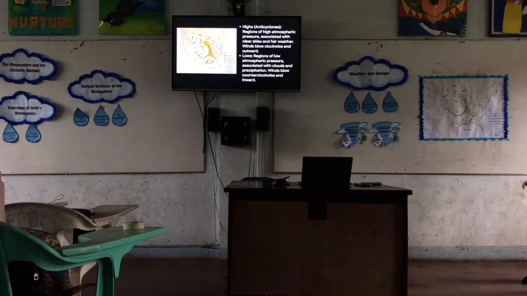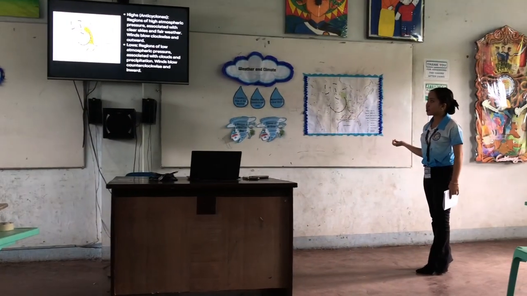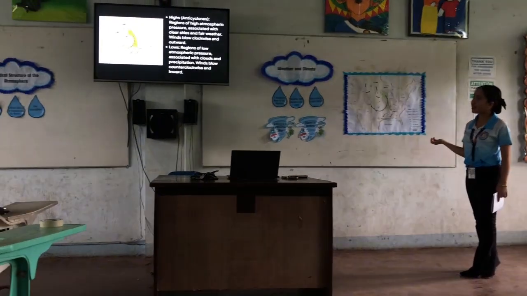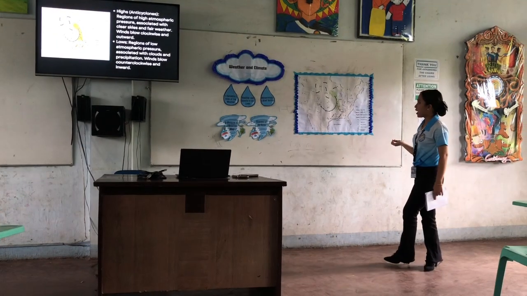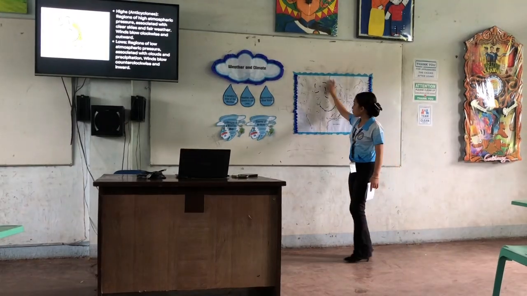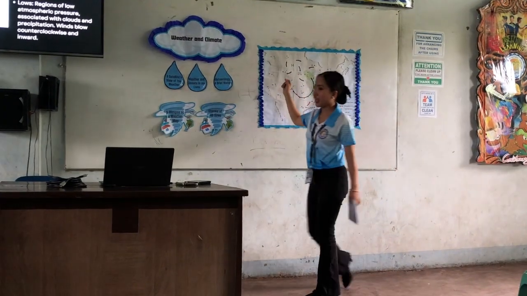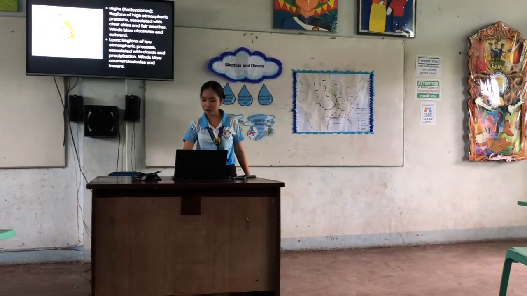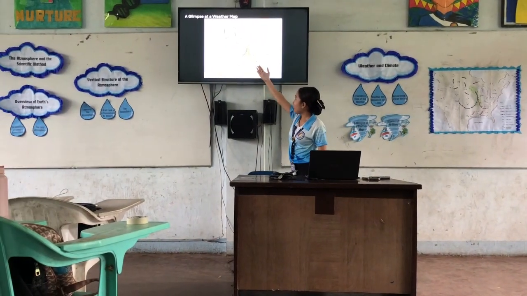We have the highs or the anticyclones, regions of high atmospheric pressure associated with clear skies and fair weather. Wind blows clockwise and outward. As you can see here, we have this color and it is labeled as H. To see it better, the dark blue ones are our highs.